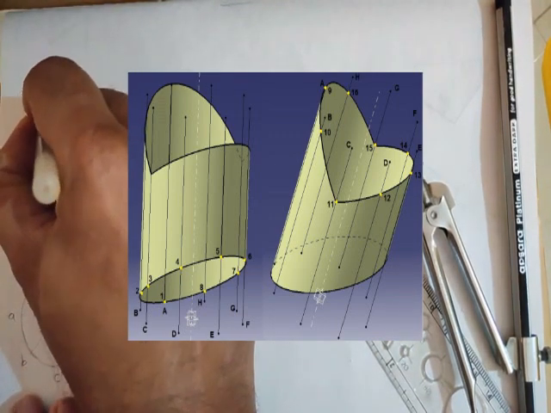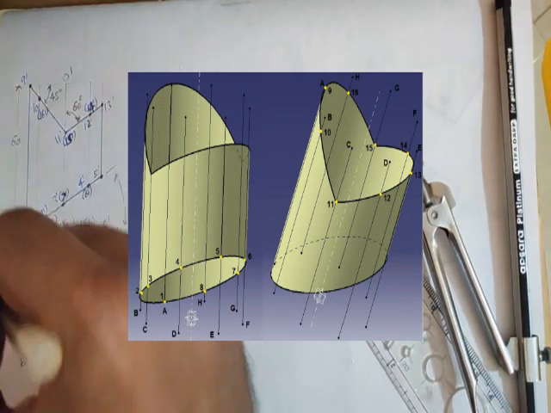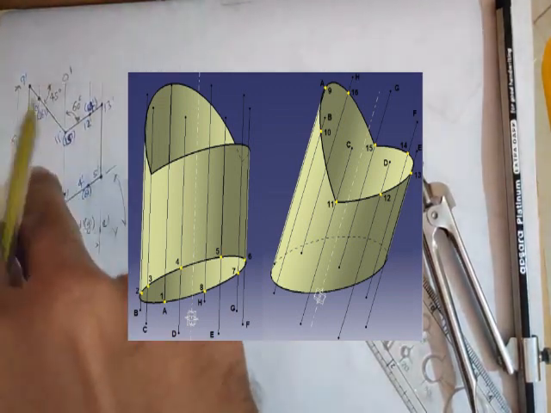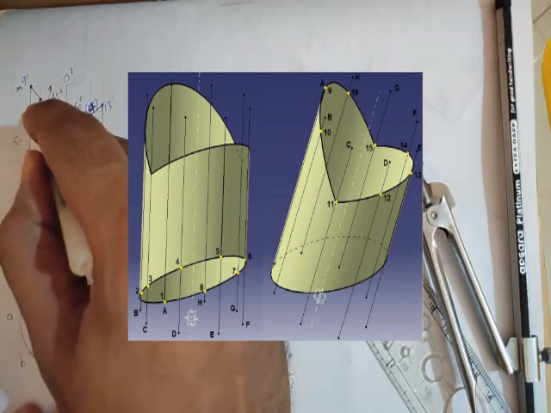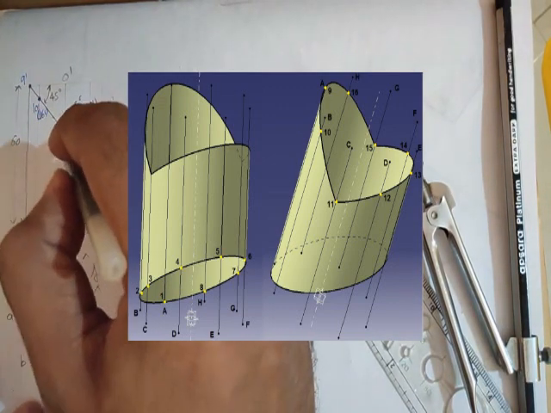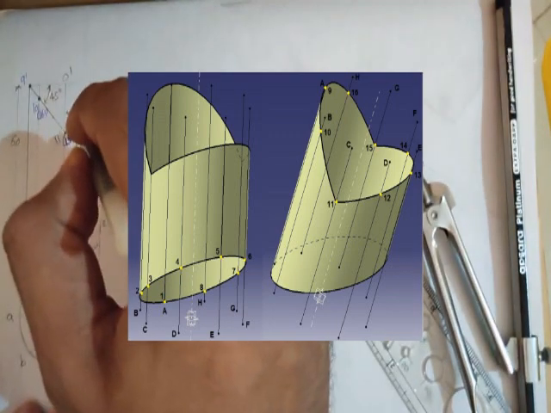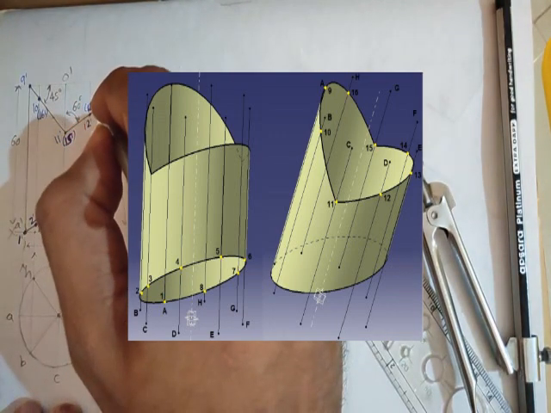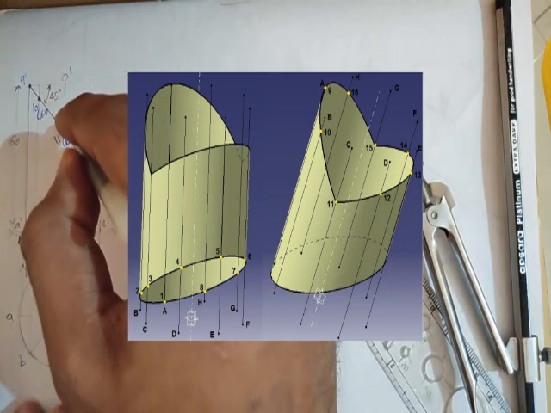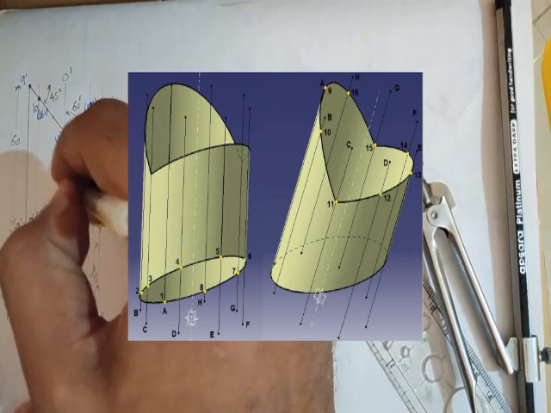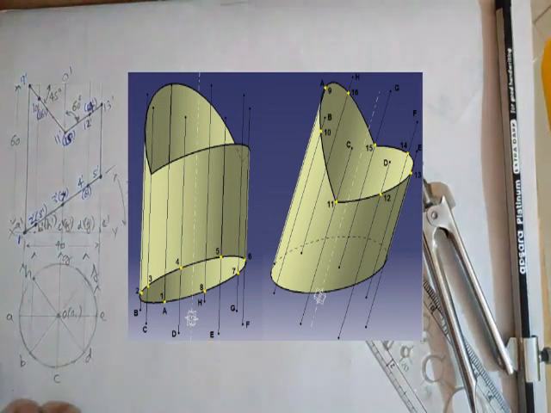So 10 into bracket 16. So you have 9 on A, 10 on B, 11 on C, 12 on D, 13 on E, 14 on F, 15 on G, and 16 on H.